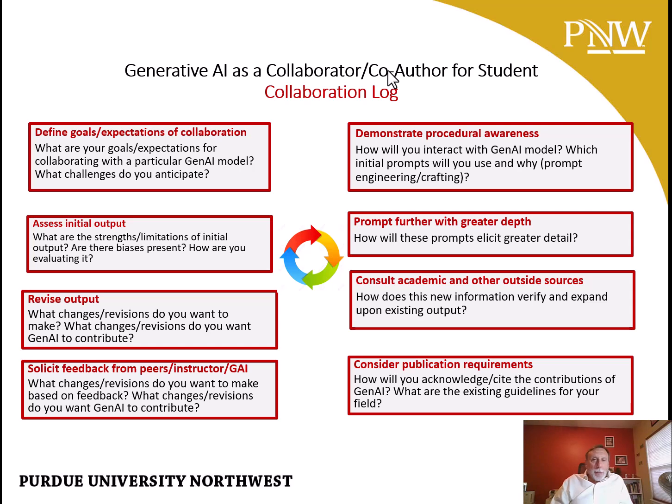So the model begins at the top, as you can see, with defining your goals and expectations of collaboration. What do I mean by that? Well, in other words, a student has to consider what models am I going to use? Why am I using those models? What sorts of challenges do I think I'll face using generative AI models to produce this project?